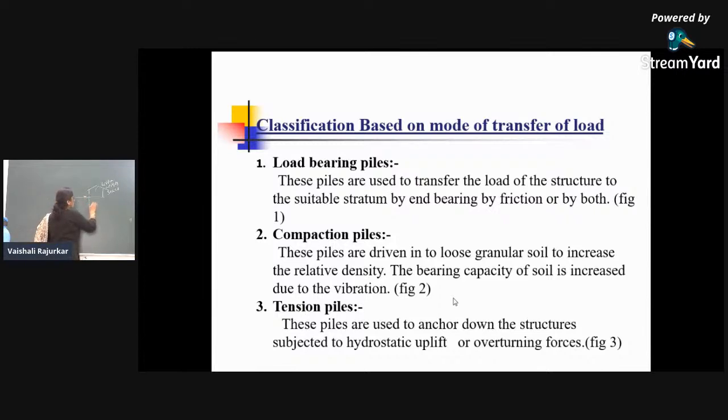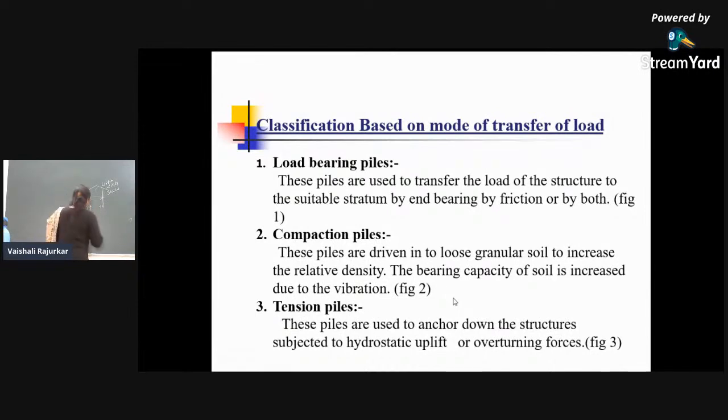If we provide anchor piles here, there is one load from the superstructure and another load due to the buoyancy force, that is the uplift pressure due to water. So in that case, these piles are always in tension.